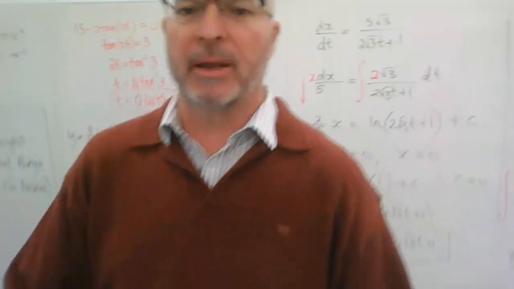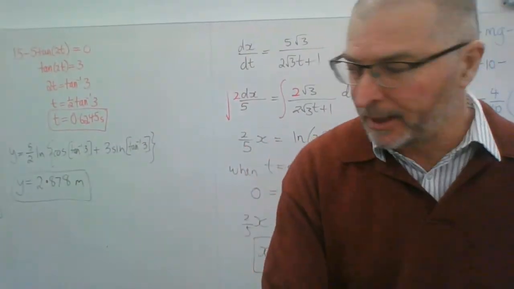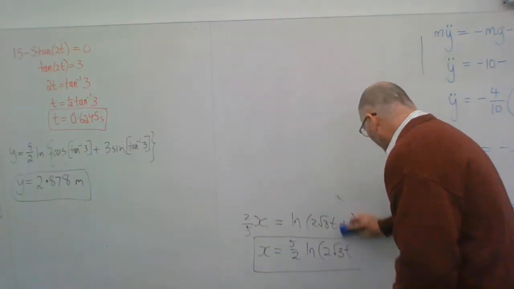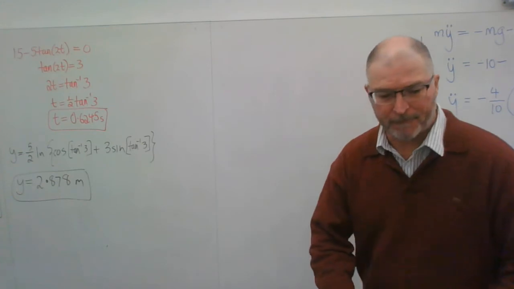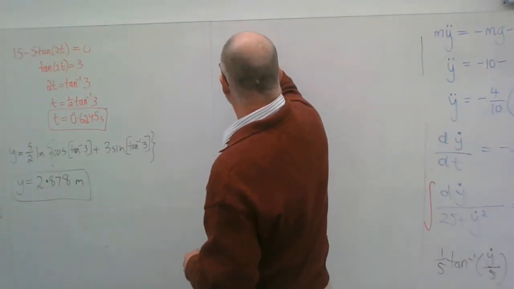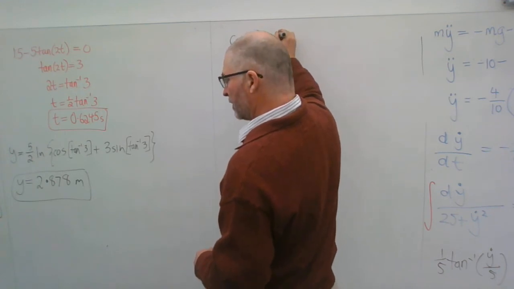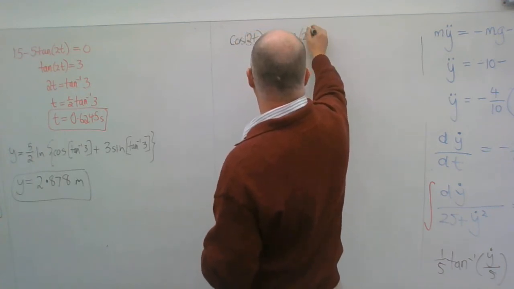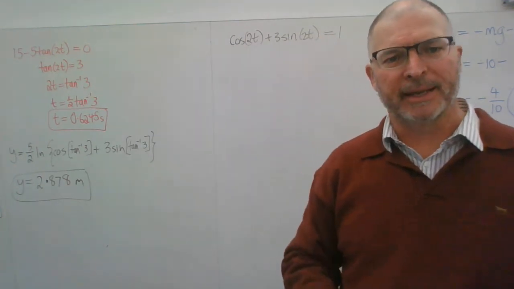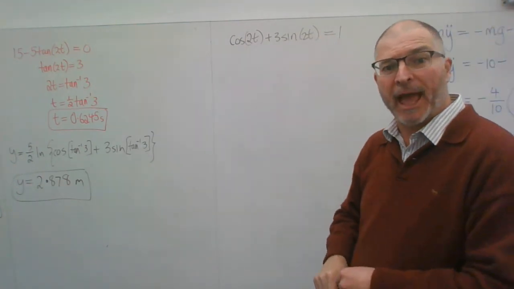So I'll give myself a bit of room to solve that here. I'm trying to solve cos 2t plus 3 sine 2t equals 1. I could use the t formulas, but I'm going to use the auxiliary angle method.